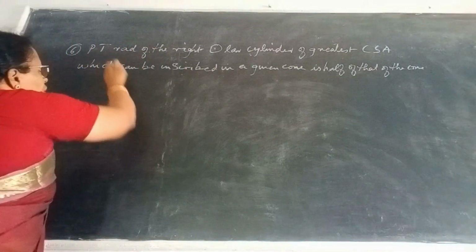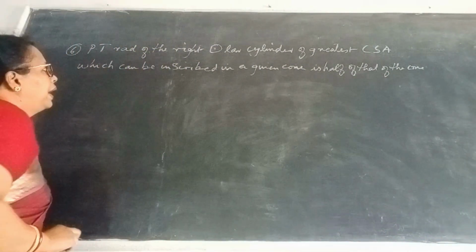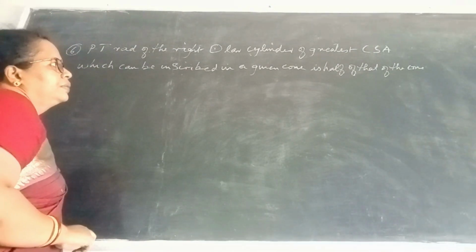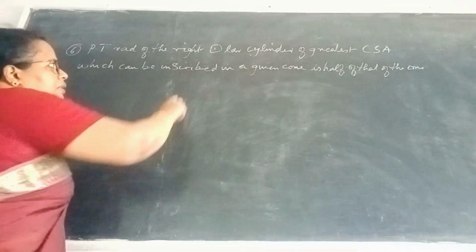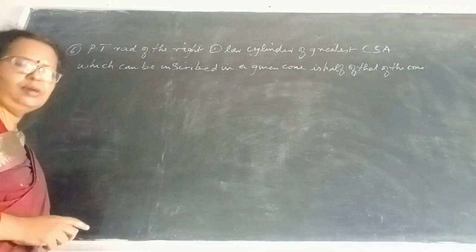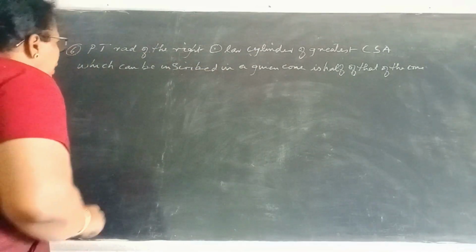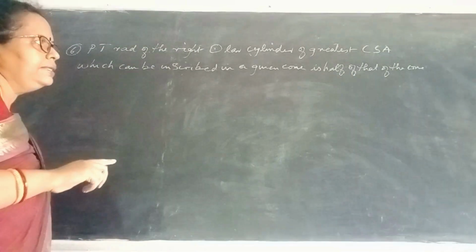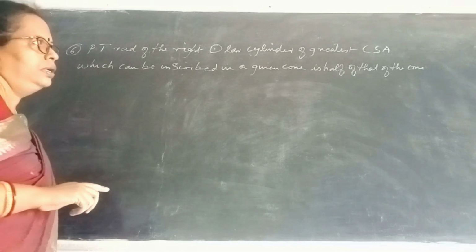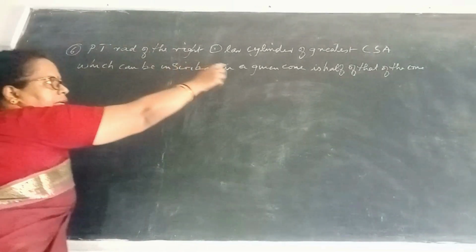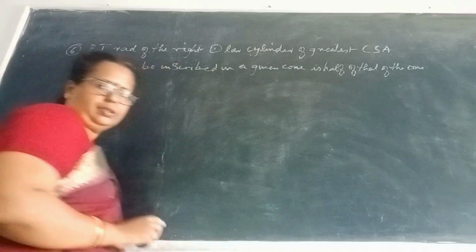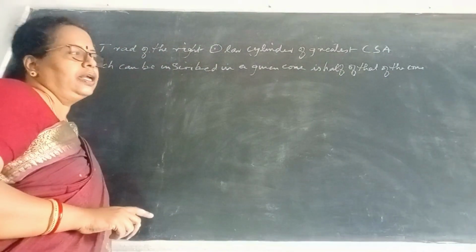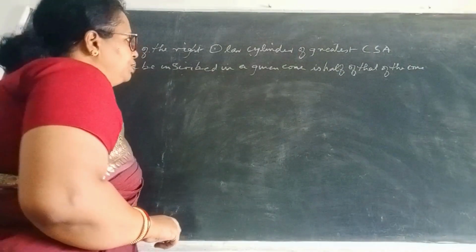So what is to be found? We have to prove that the radius of the right circular cylinder of greatest CSA, curved surface area, which can be inscribed in a given cone, is half of the radius of the cone. That is asked to prove.